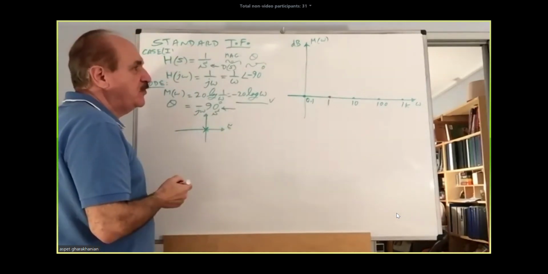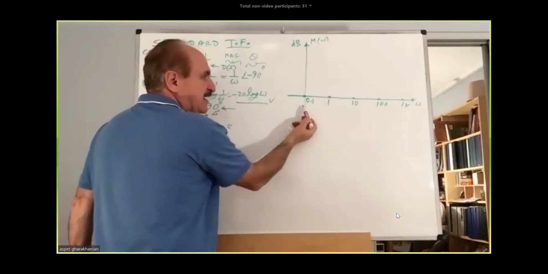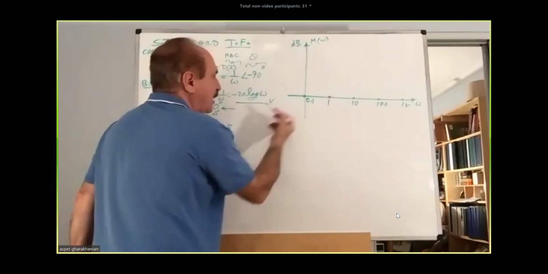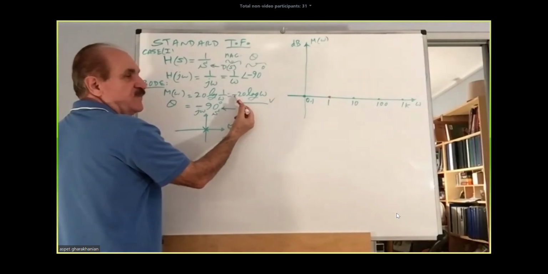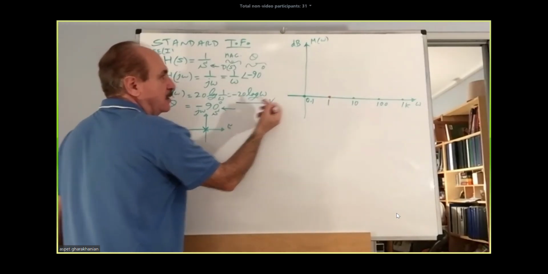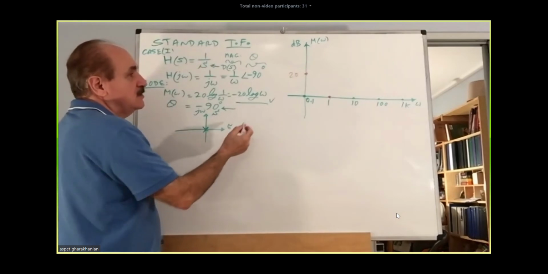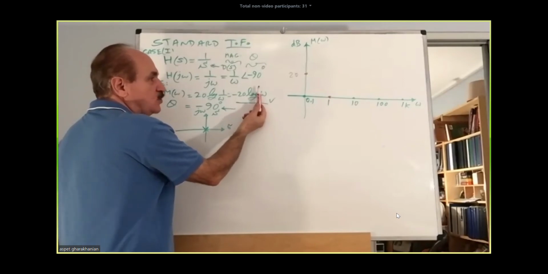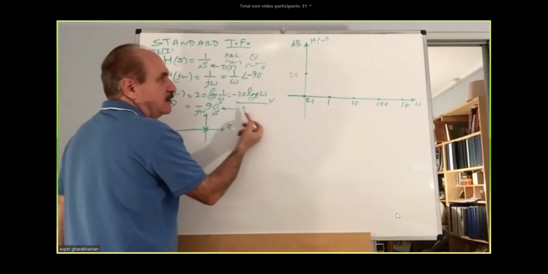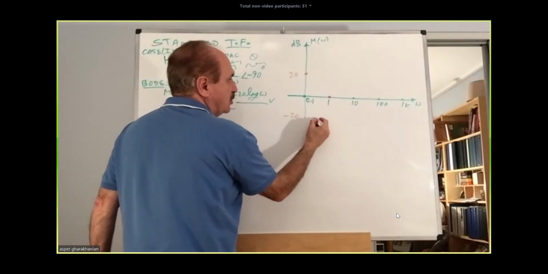If you put 0.1, a decade below that, 10 times under, 0.1 is 10 to the minus 1, so the minus comes to the front and converts this to a positive 20. So the positive 20 will be right there, 20 dB. What about 10? Log of 10 is 1, so you get minus 20 dB. Minus 20 dB will be symmetrically down here, just under the 10.